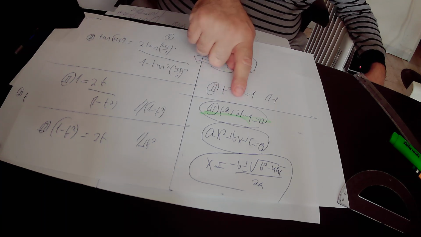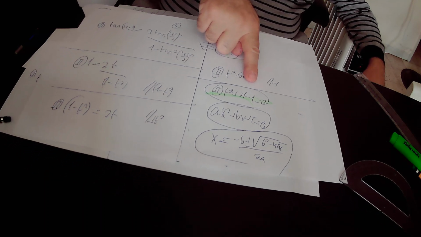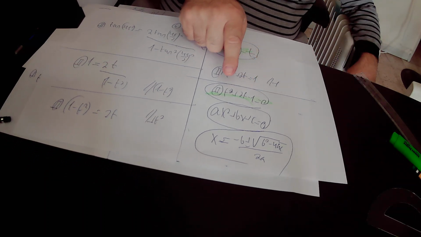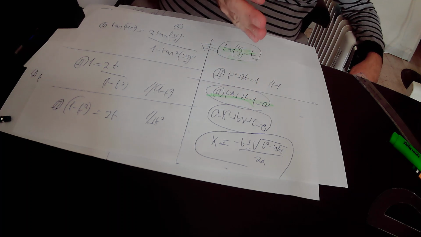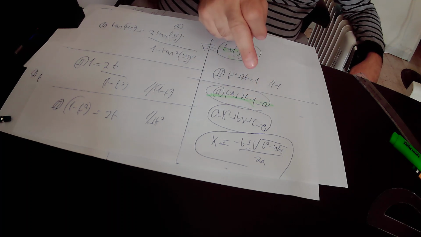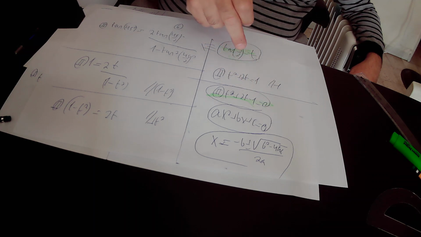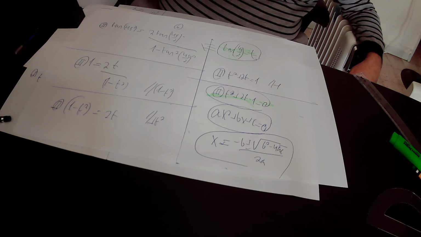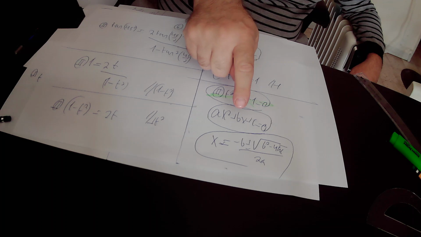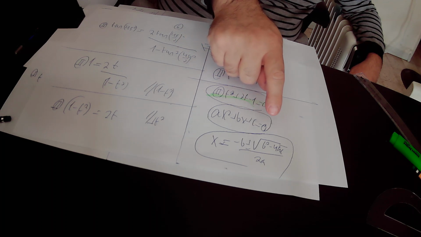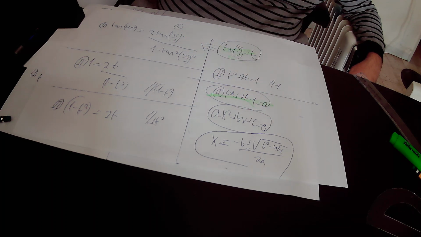So this is a quadratic equation, and the general formula for a quadratic equation is ax squared plus bx plus c equals 0. In this general formula, a, b, and c are the coefficients of the quadratic equation, and x is the variable that we are looking for. And we find out the value of x according to the following formula: x equals minus b plus minus square root of b squared minus 4 times a times c over 2a.